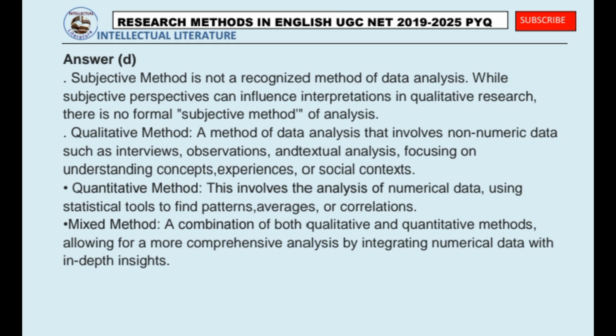Quantitative method involves the analysis of numerical data using statistical tools to find patterns, averages or correlations. Mixed method is a combination of both qualitative and quantitative methods, allowing for a more comprehensive analysis by integrating numerical data with in-depth insights. Okay, let's move on to the next question.